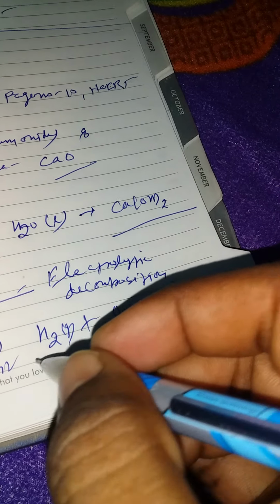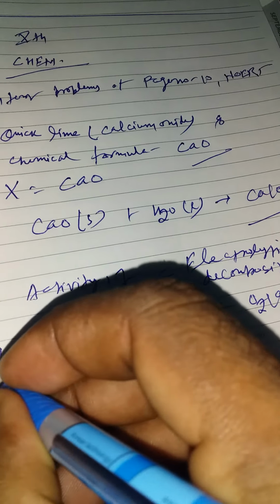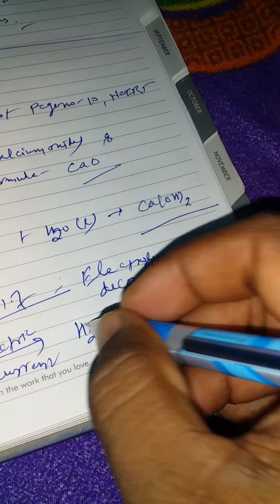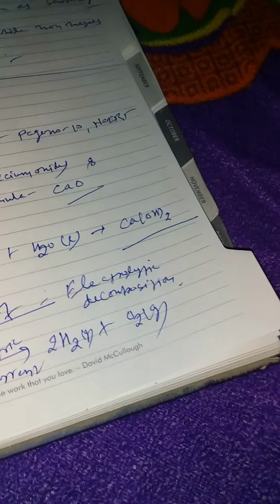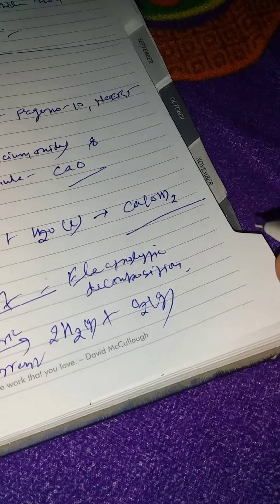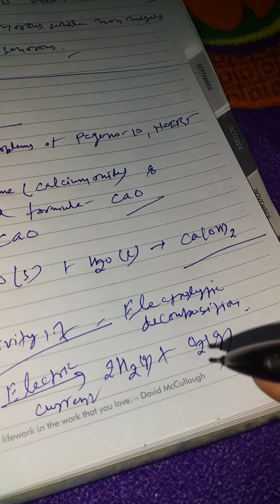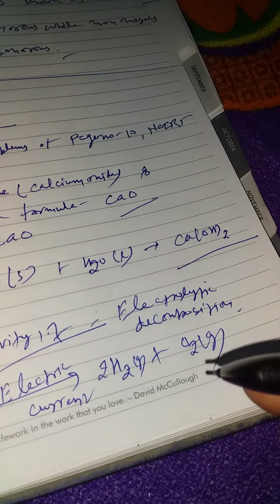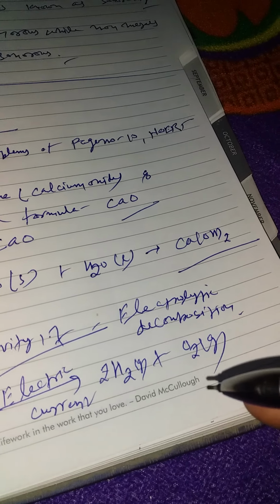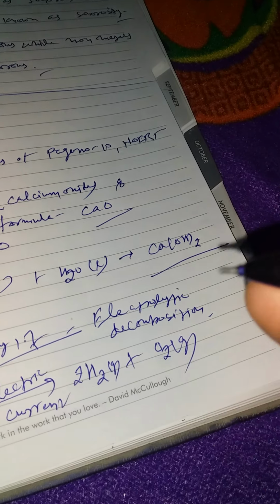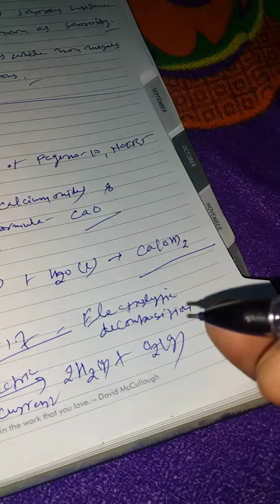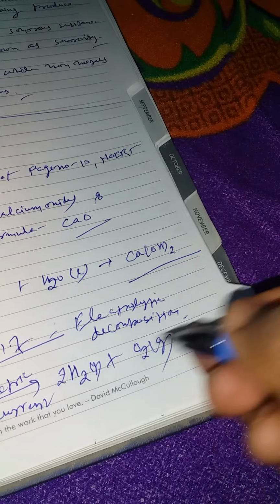After balancing we use 2 as a coefficient in H2O, and for hydrogen 2, then the equation is balanced. So in this question you have to tell why the amount of one gas is double the other.